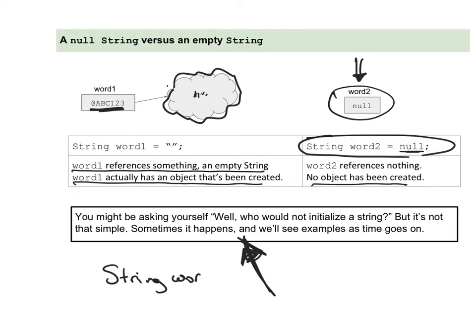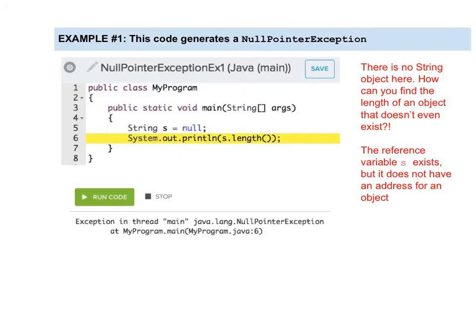It typically happens when you have a method that's returning a value that returns to another method that then returns another value to another method, and things get returned along the way, and eventually somehow the mistake is made and nothing is put into the string variable. So we'll learn more about this in the next unit.